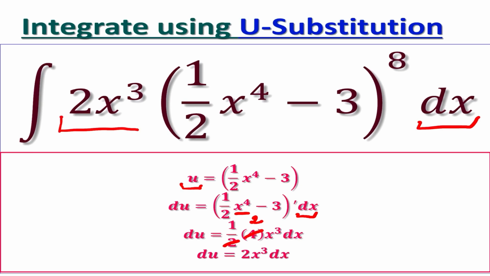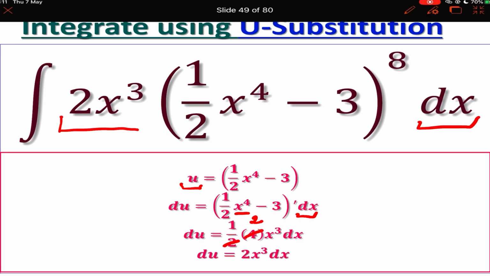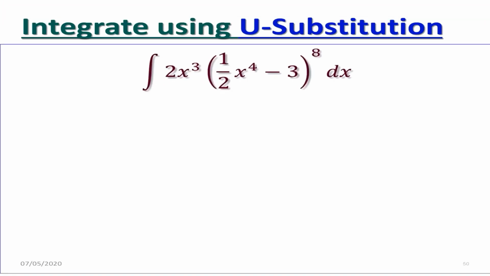So again, we want to rewrite your original integral in terms of u and du, your new variable. So we're going to replace your brackets with u, and you have this power 8. And the rest is replaced by du. And as you can see, your integral becomes much easier. So it's just a power of u.